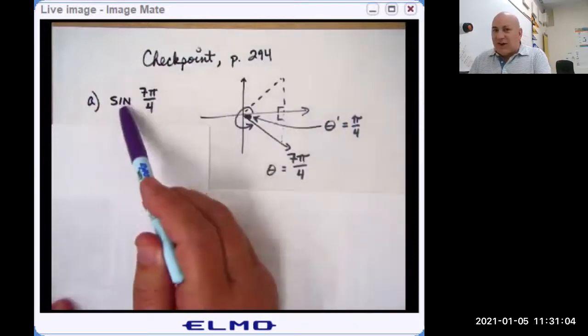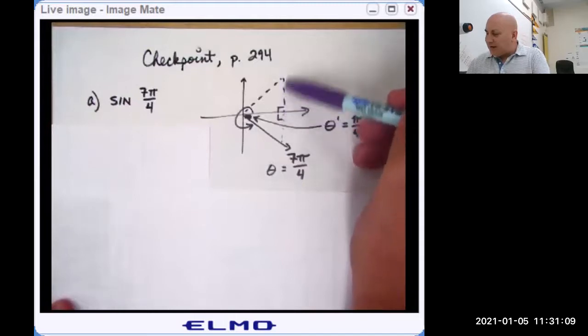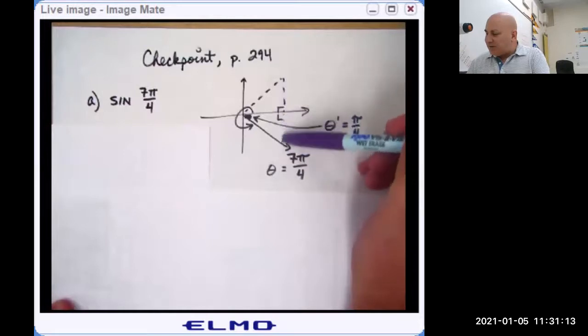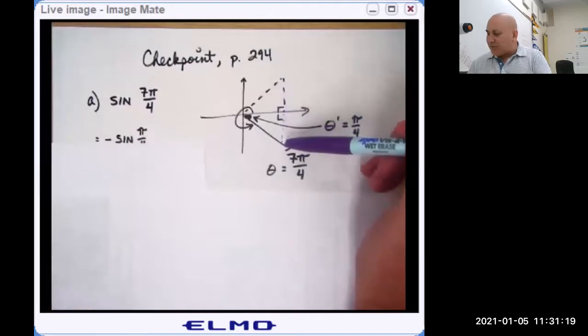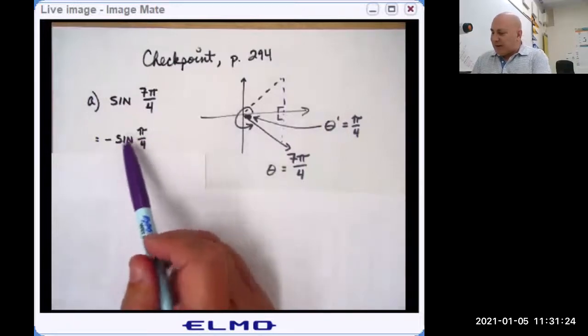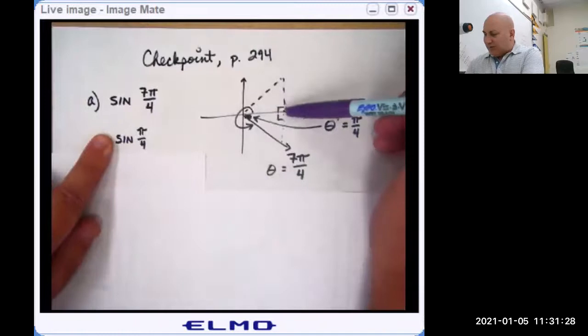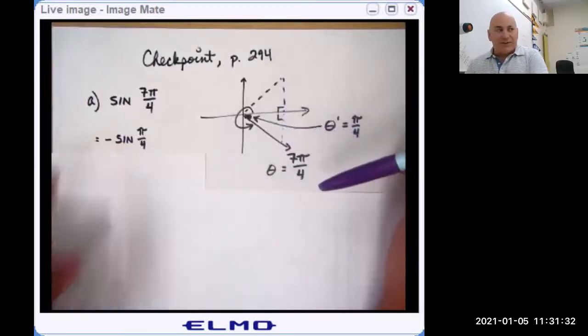But we're looking at sine, which is a y value. So this distance right here is the sine of pi over 4. This distance down here is the sine of 7 pi over 4, but it's in the negative direction. So we know it's either going to be the same or the opposite. In this case, it's the opposite.